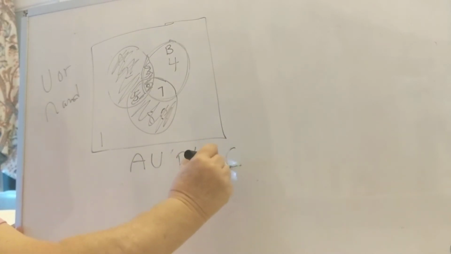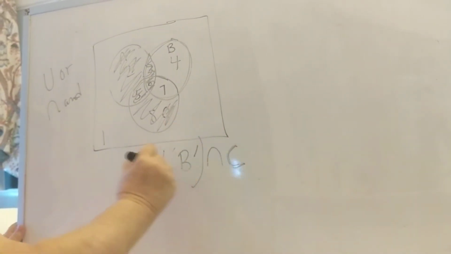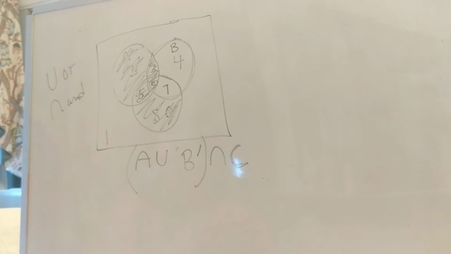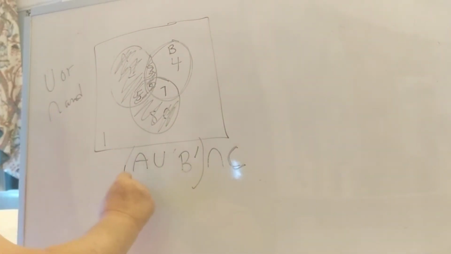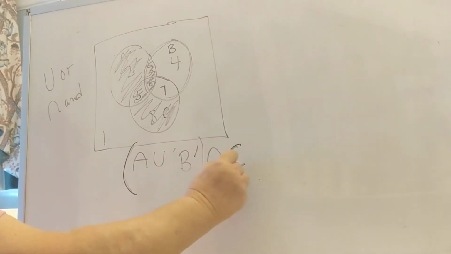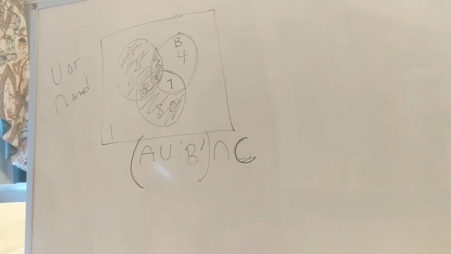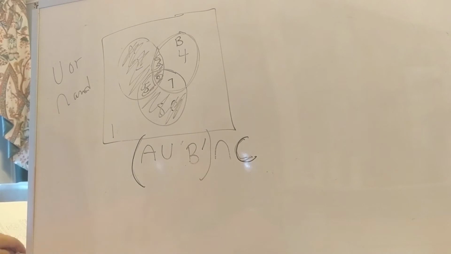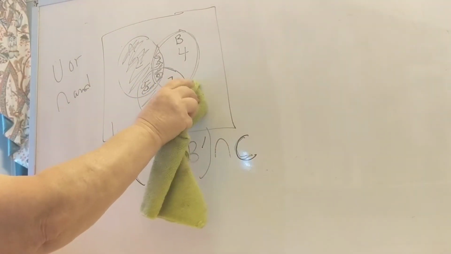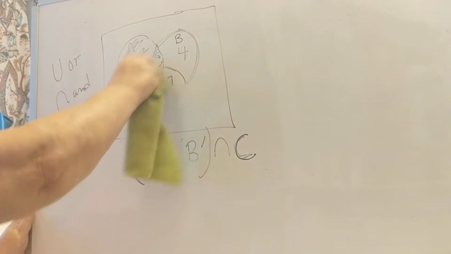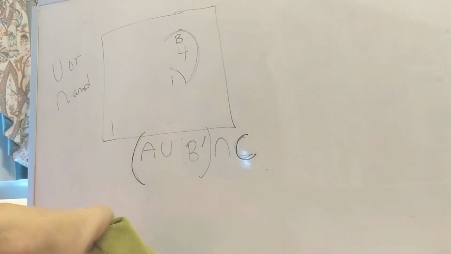Same problem, but we're going to do the union first. And another pen. Alright, so do these first, and then get the intersection with C. Alright, while I erase that, you stop your video, and you work on that problem. And I'm going to redraw.